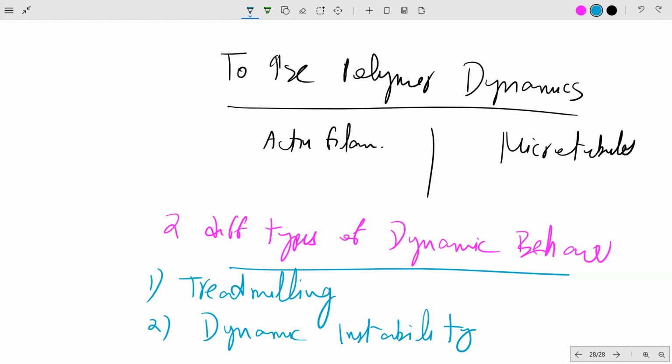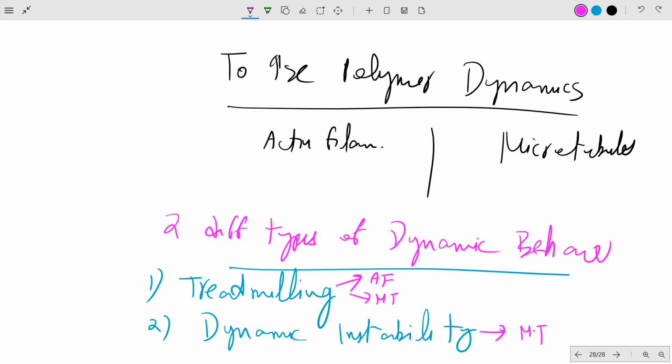ठीक है, आपको याद रखना है जो एक्टिन फिलामेंट है, ये जो treadmilling है, look at the treadmilling. Treadmilling is seen in both actin filament में भी और microtubule में भी, they both show treadmilling. लेकिन जो dynamic instability है, it is only found in microtubules, not in actin filaments. तो याद रखो, ये क्वेश्चन है यहां से, ये पक्का. एक्टिन फिलामेंट्स कौन सा बिहेवियर शो करेंगे?